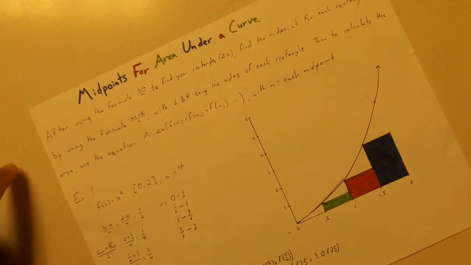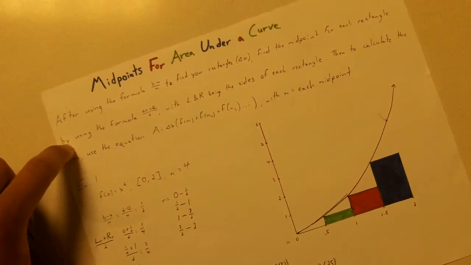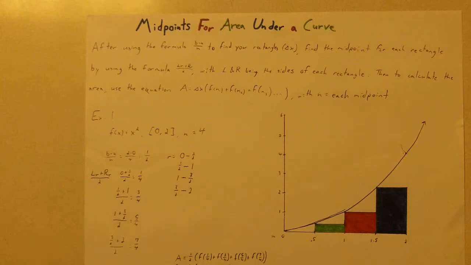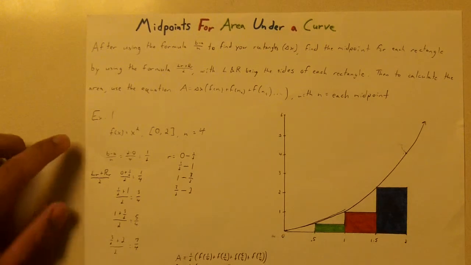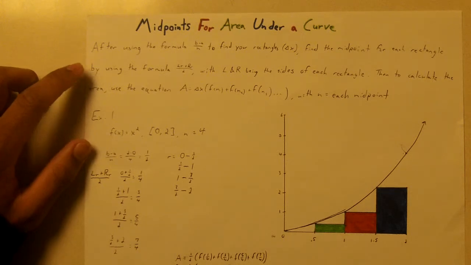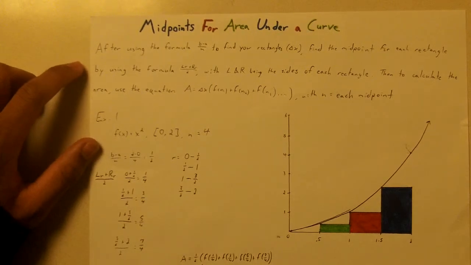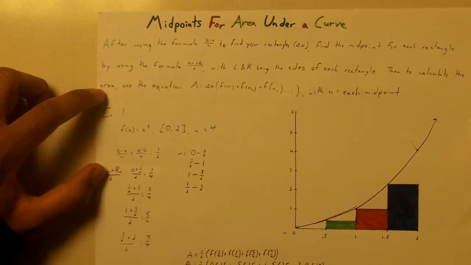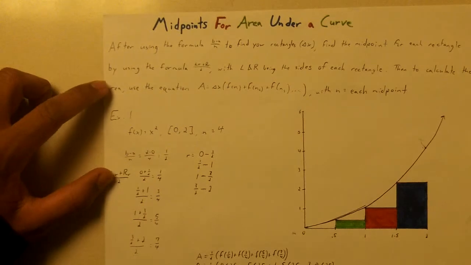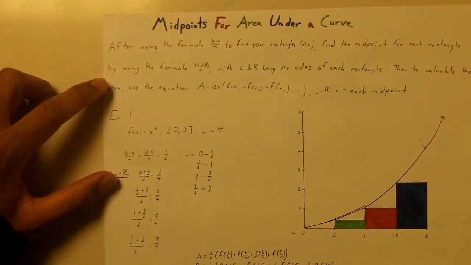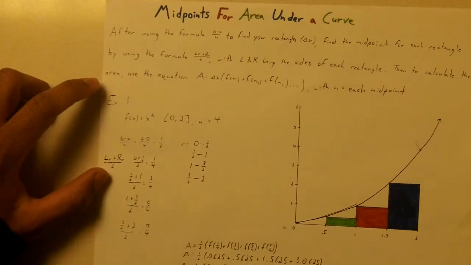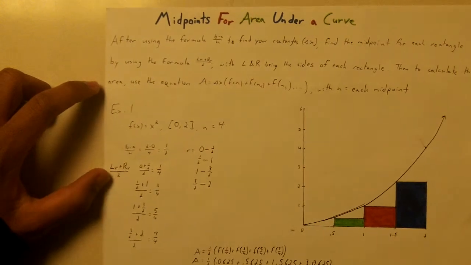Alright, this slide is for midpoints for area under a curve. And basically, you just find your change in x, which is b minus a over n. And then you find the midpoint for each rectangle by using the formula (L plus R) over 2, with L and R being the sides of each rectangle.